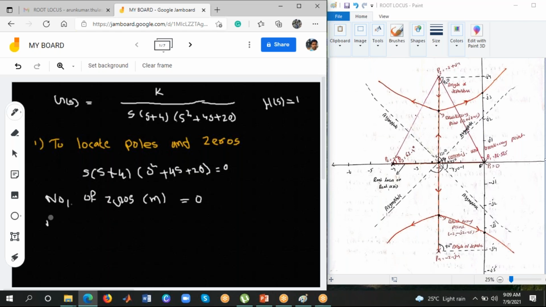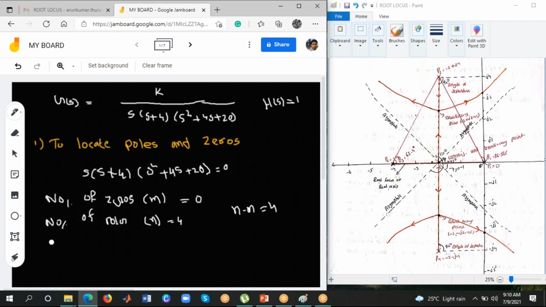Next, the number of poles is n, so it is 4. And n minus m is 4.